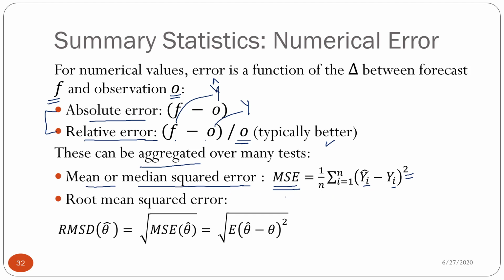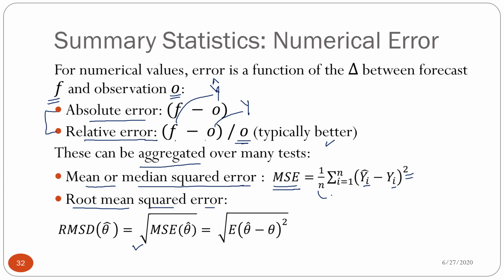That's a very common statistic for evaluating the performance of a regression model. Now we have something close to MSE, called root mean squared error. You have mean squared error, now take the root of that. Whatever you have in MSE, take the square root of it.